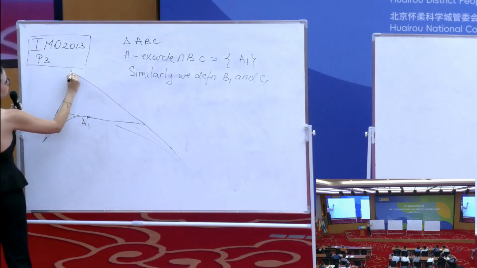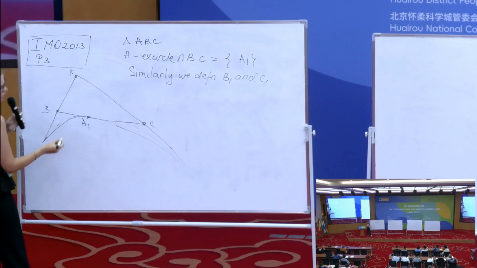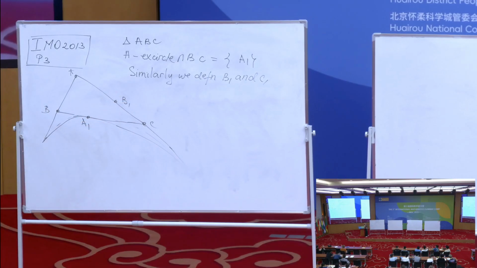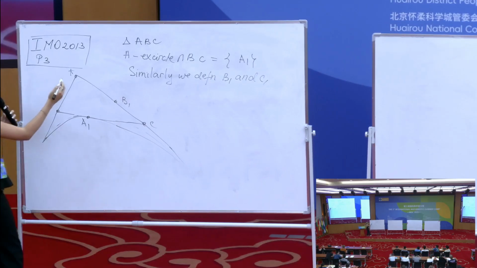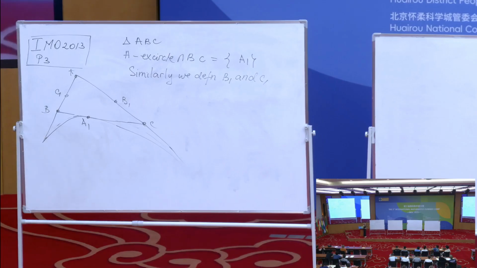So B1 will be the point of contact of the B-excircle with the side AC, and C1 will be the point of contact of the C-excircle with the side AB. And the problem gives us a very interesting condition.